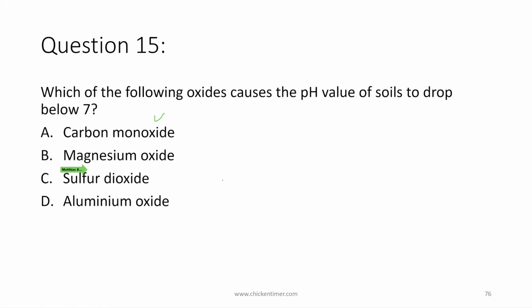Okay, 15. Which of the following oxides causes the pH value of soils to drop below 7? So what kind of oxides are they looking for? Carbon monoxide is a neutral oxide, 1 oxygen only. So it's neutral. If it's neutral, it does not react with water to form acids. So A is not the answer.